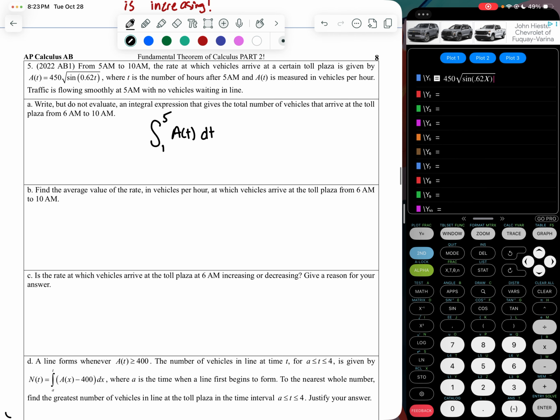A of t is already in vehicles per hour. If I take the average rate of change, that's going to be vehicles per hour squared. I don't want that. Whenever we take the integral, that's going to put us back to vehicles, but then we're going to multiply by 1 over b minus a, which is why we're going to be using the average value formula. So once again, think about your units here.